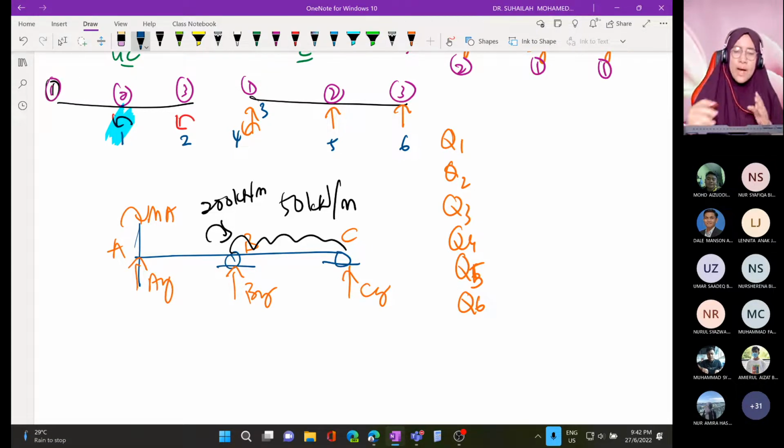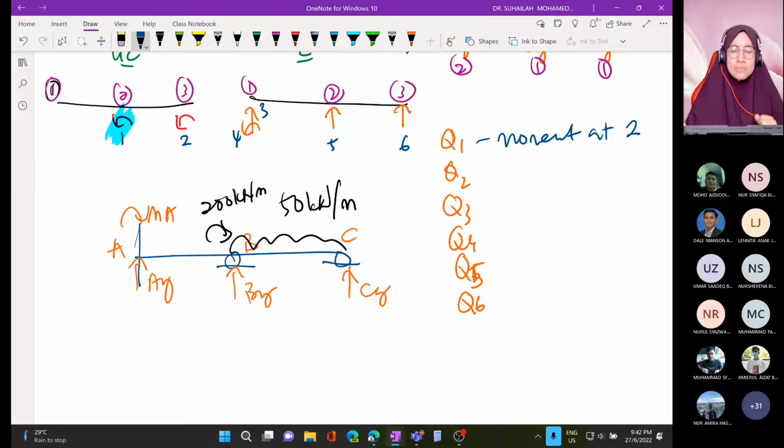Moment. So Q1 in this case is the moment at node 2.